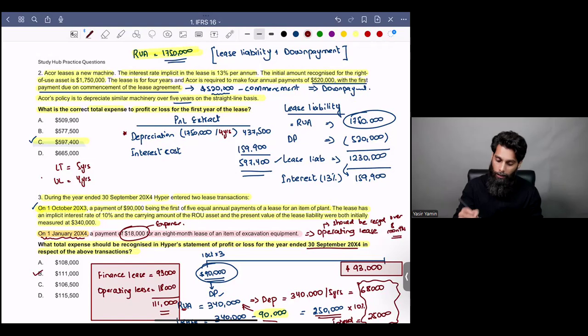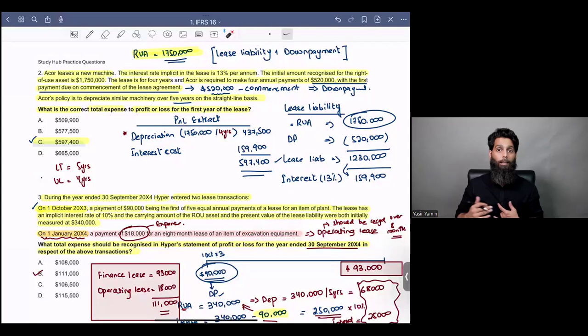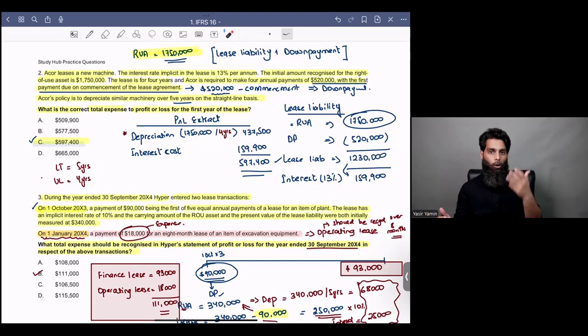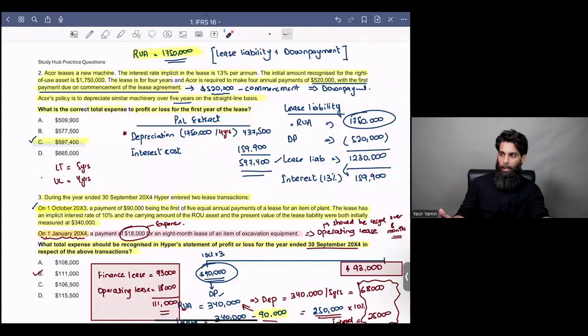In the last example that we saw, it was an excavation equipment, and most likely excavation would be used for the purpose of constructing properties, right? So it's a production cost. In that case, logically speaking, that expense should go in cost of sales, right? So let's say a company says that we have taken our delivery fleet on operating lease. In that case, you should be charging that lease expense into selling expenses. So that depends. In this case, I think it should be cost of sales.